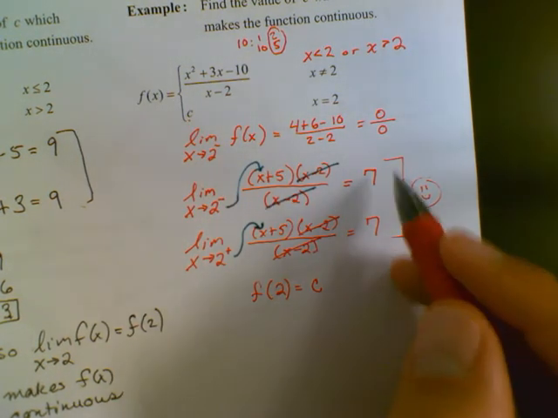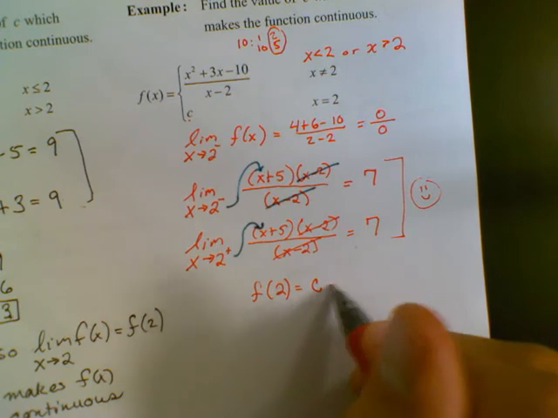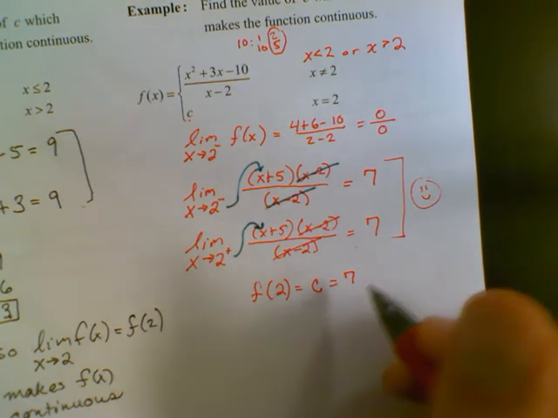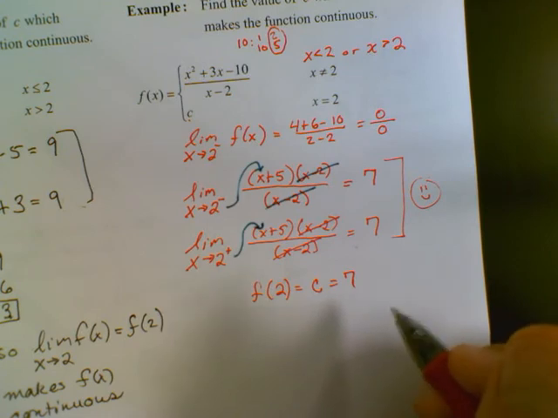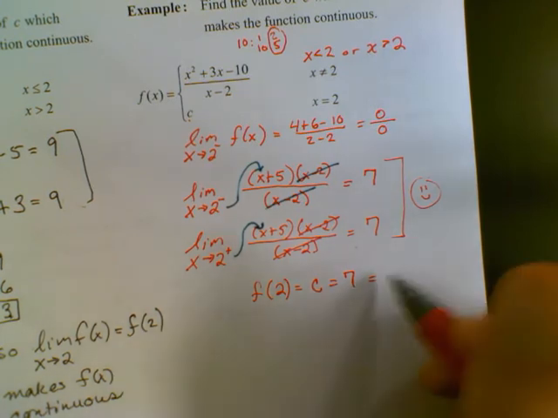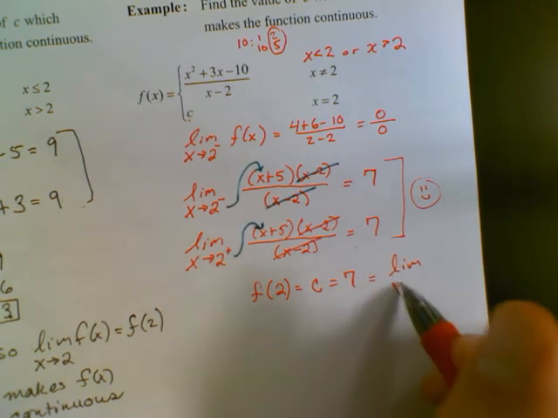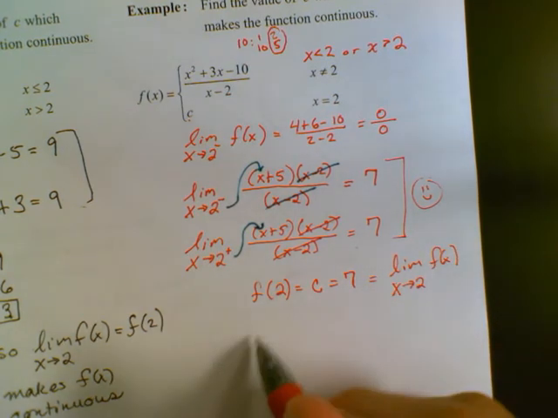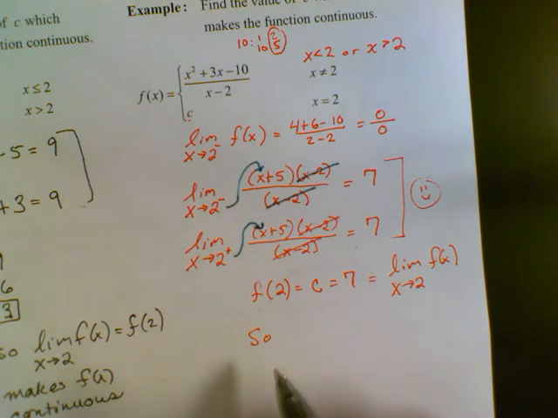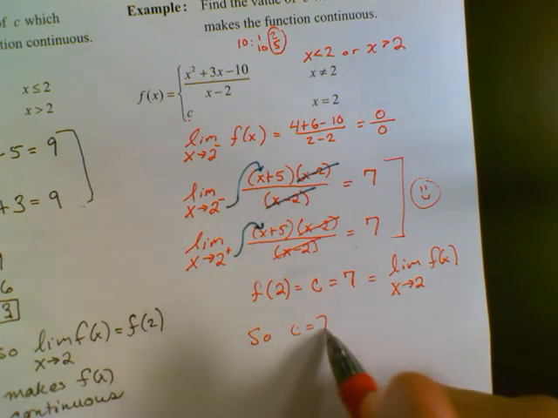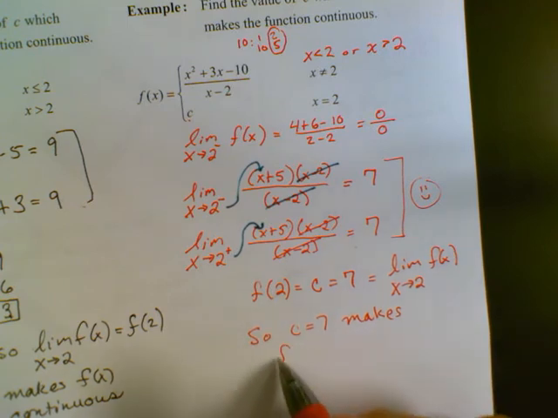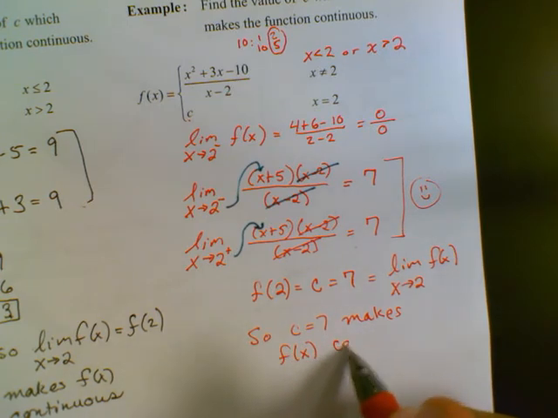But we want it to equal 7, so we're just going to say that if c equals 7, that makes this thing continuous. Because that function value equals the limit value as x approaches 2 of f of x. So c equals 7 makes f of x continuous.